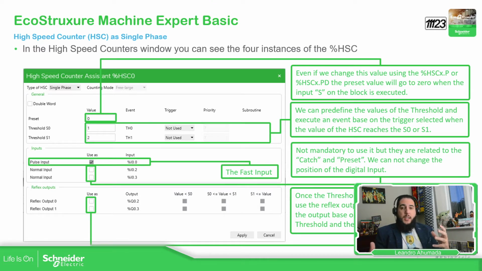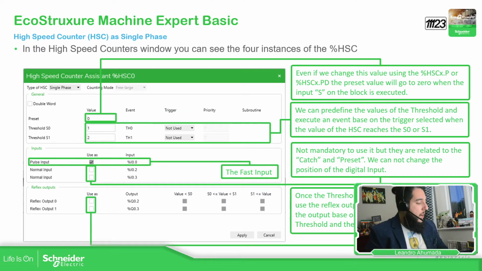That's a little bit of the idea. If you want to assign an event and a specific POU or subroutine, you can assign the execution of the threshold to execute one of the subroutines. We're going to cover that later.